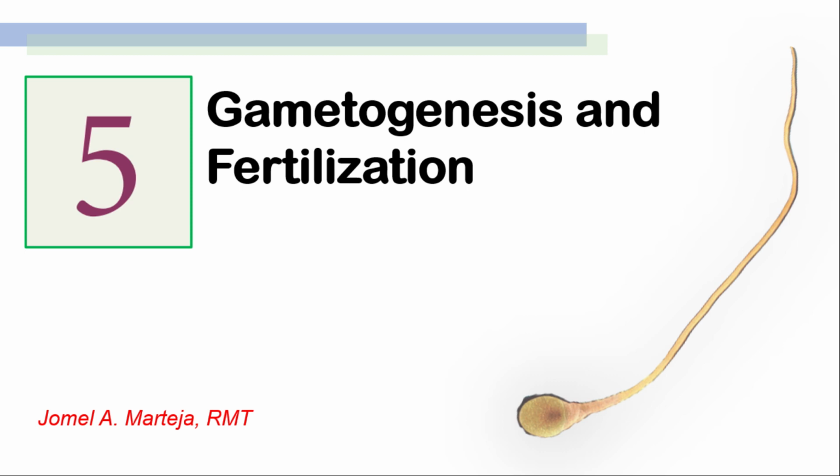So that's for gametogenesis. Now, let us take note that the product of meiosis are haploid cells. They either contain the maternal set of chromosomes or the paternal set of chromosomes. During fertilization, the process where the gametes unite, a single cell is formed and it is called a zygote.